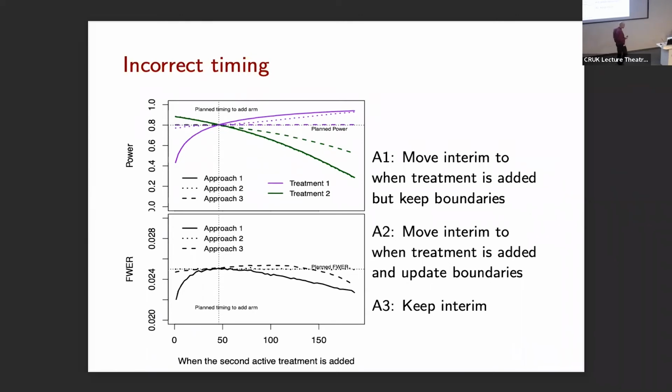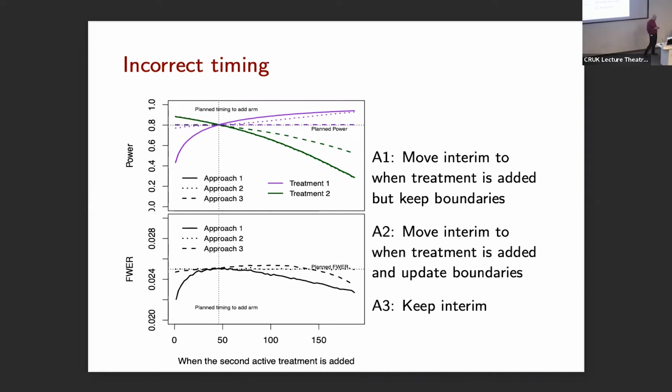But as soon as I move earlier in adding my treatment or later, one way or another, I'm going to deviate from my planned characteristics. I'm either going to get an increase in my family-wise error rate, or a decrease in my power, or too high a power, depending on what's going on.